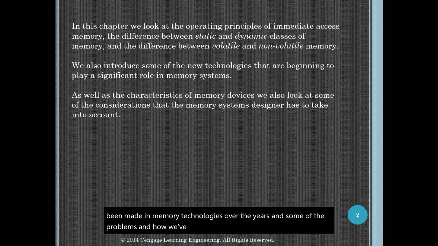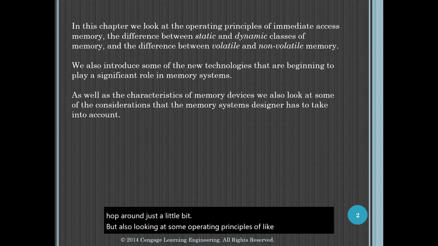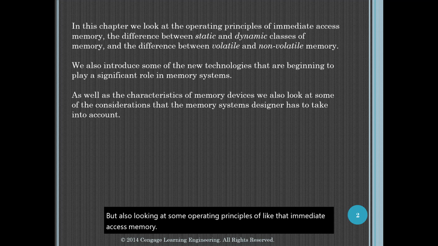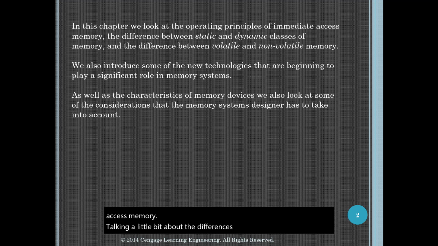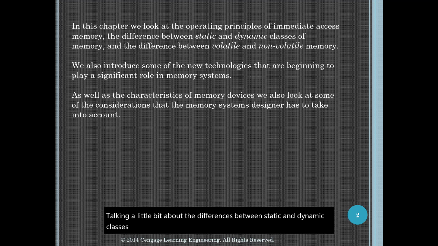Again, we're going to hop around just a little bit, but also look at some operating principles of that immediate access memory, talking a little bit about the differences between static and dynamic classes of memory, as well as volatile and non-volatile memory, which is a term that we've heard before in our lectures.